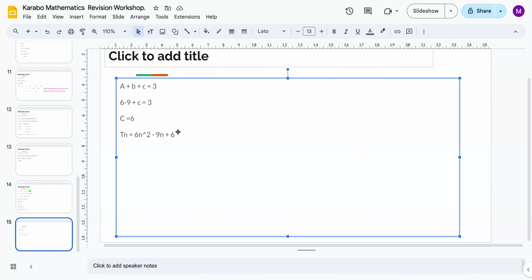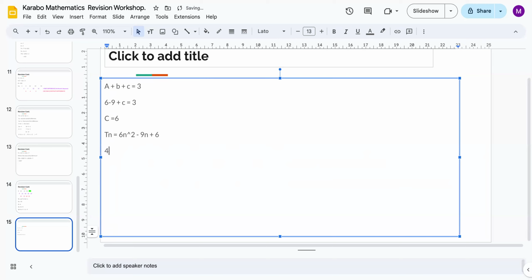Okay, for C, I believe. Now Tn is equal to A plus n minus 1 times D. Okay, so this is our formula for an arithmetic sequence.